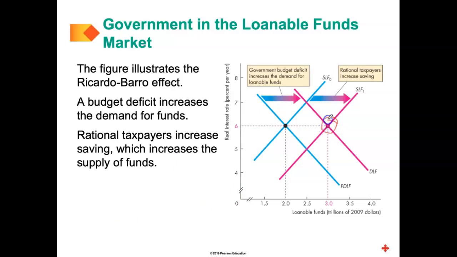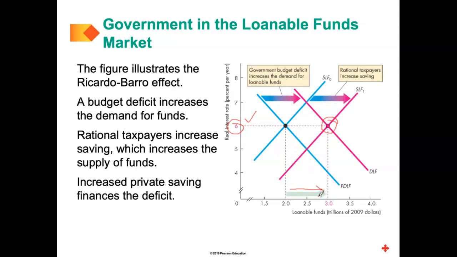over here, where nothing happens to the interest rate. The interest rate stays the same, but due to the increased private savings, the amount of loanable funds in the market increases. So due to increased private savings and the increase in the demand for funds, the amount of loanable funds in the market increases, and people's savings are used to finance the deficit.